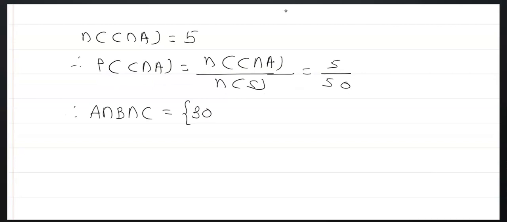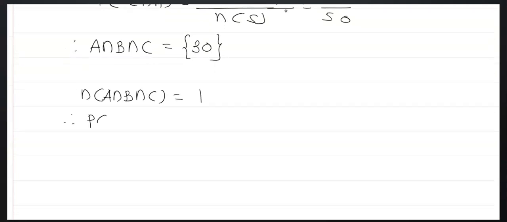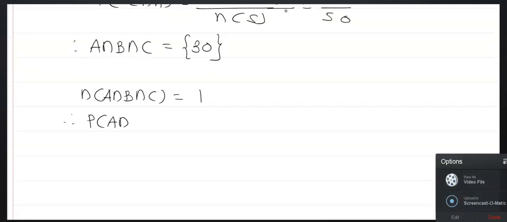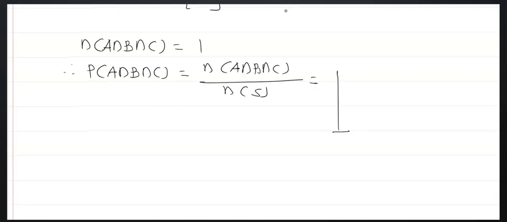A intersection B intersection C is 30. Therefore, n(A intersection B intersection C) is equal to 1. Therefore, the probability of A intersection B intersection C is 1 upon 50.